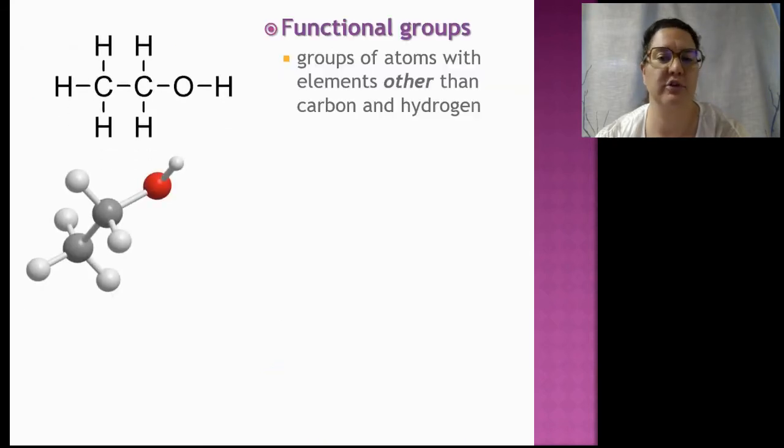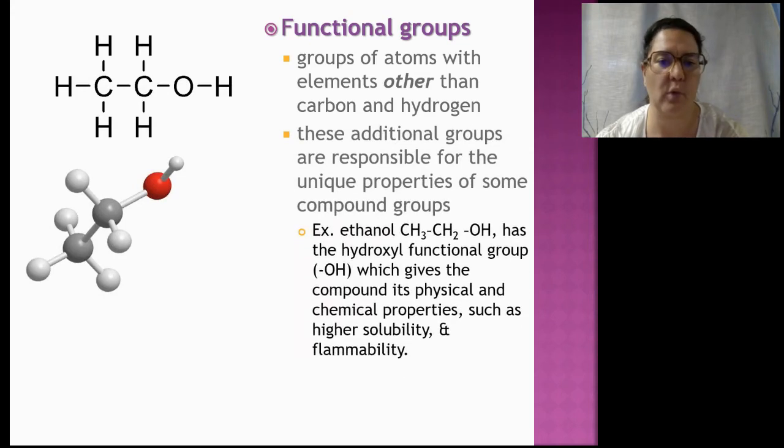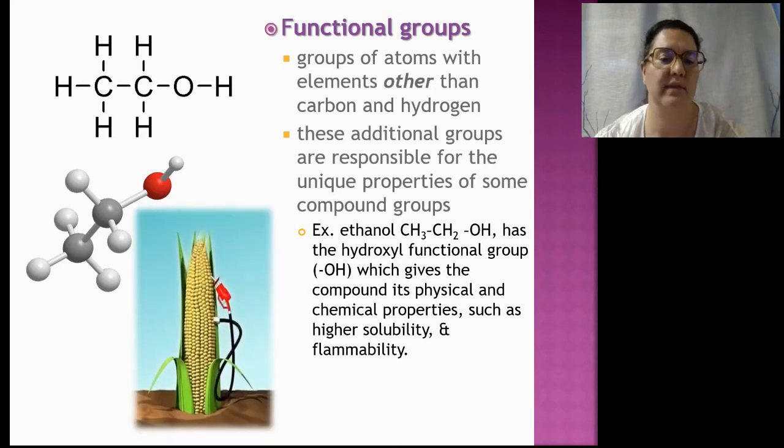There are also functional groups that we can add with elements other than carbon and hydrogen. Sometimes we can add hydroxides, which will make an alcohol. This is a compound that has different chemical properties, such as higher solubility and flammability. And one of the things ethanol can also be added to is our fuel.